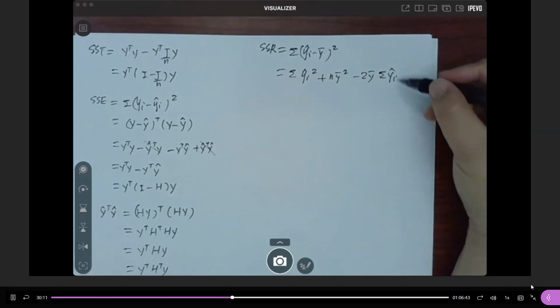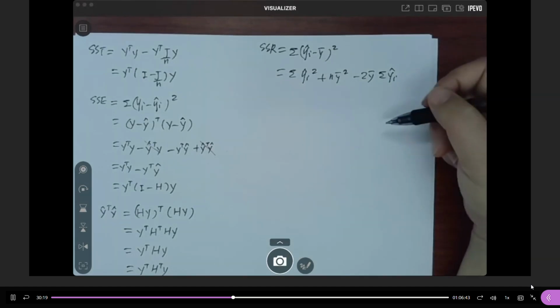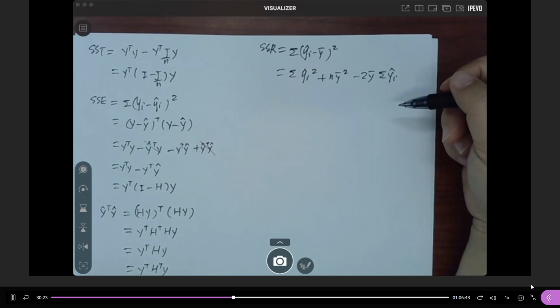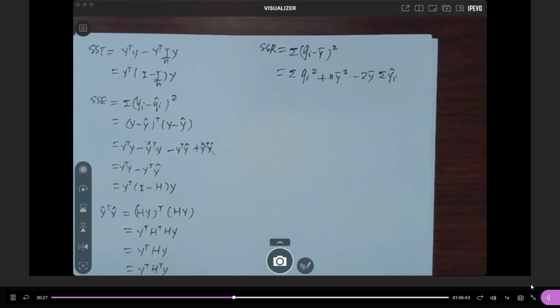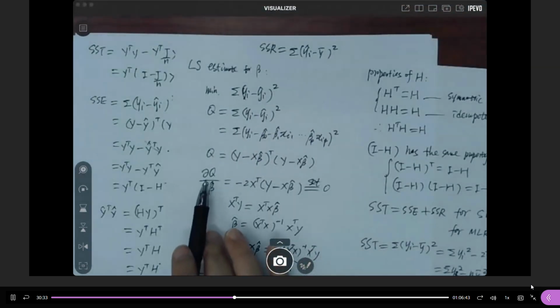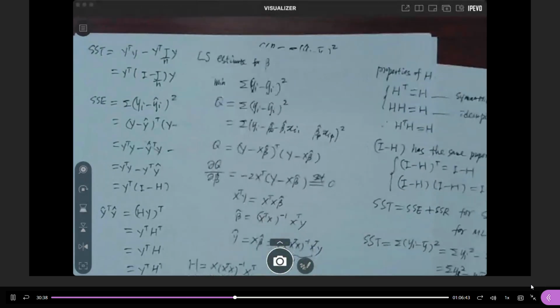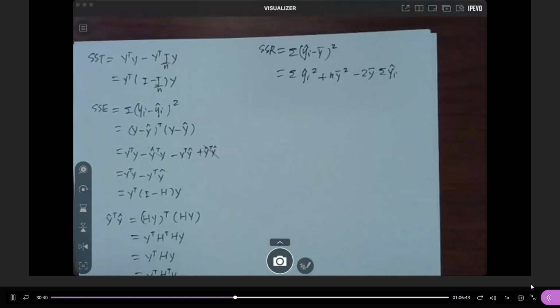So the summation of y hat equals the summation of y, because the summation of ei equals 0 still holds for multi-linear regression. That is, you get that if you do partial Q partial beta 0 hat. I did the matrix form that includes everything, but if you plug in each of the partial Q partial beta 0 hat, you still have the summation of ei equal to 0.